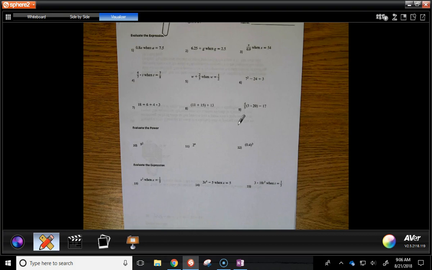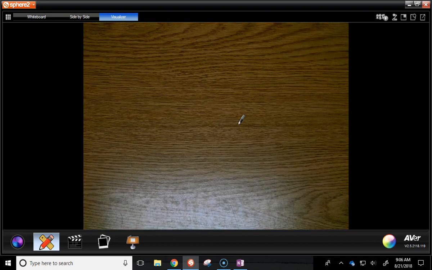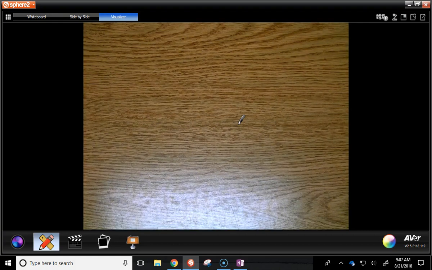Do all these. You have 3 problems where you're showing the power of an exponent. And then the last 3 is evaluating the expression. Is there not a back? Oh, there is a back. On the back, as I said, I was thinking there was a problem solving thing kind of.